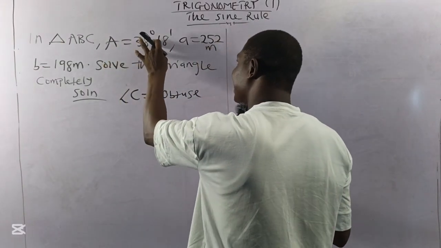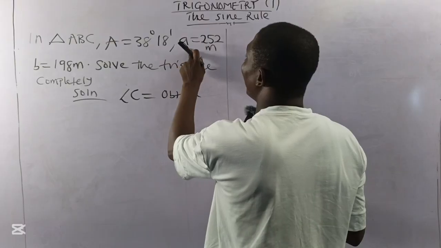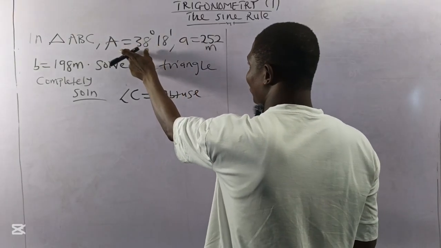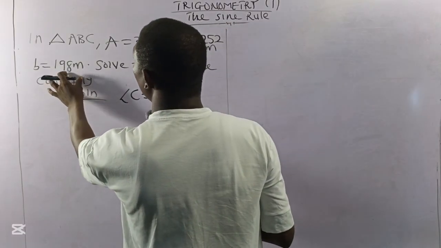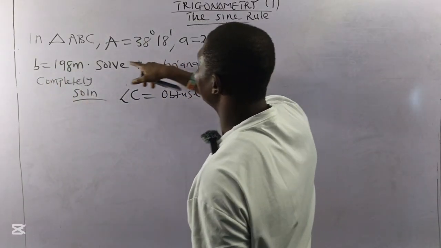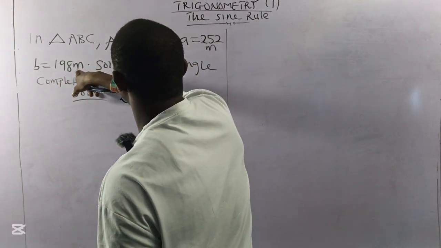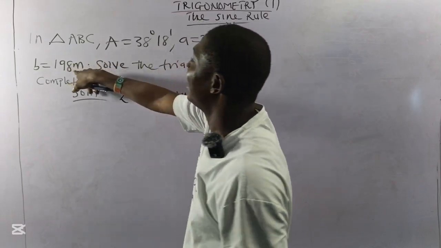Angle A is 38 degrees, 18 minutes, and small letter a corresponding to angle A is 252 meters, and our b is 198 meters. So small letter a is greater than small letter b, side a is greater than side b.